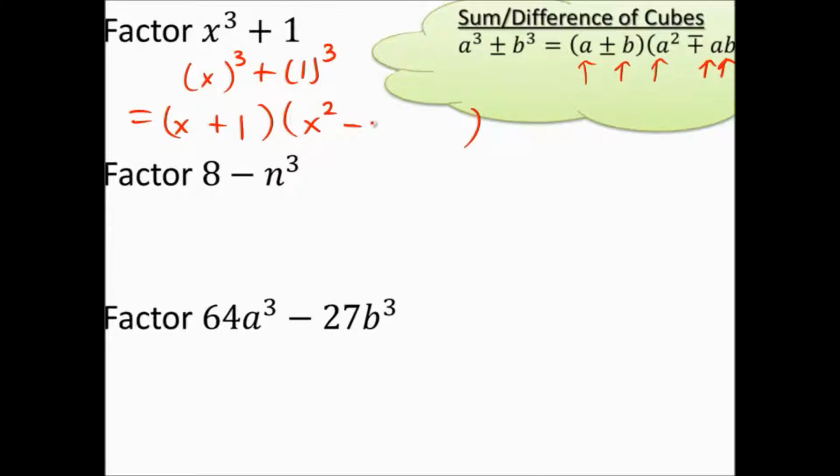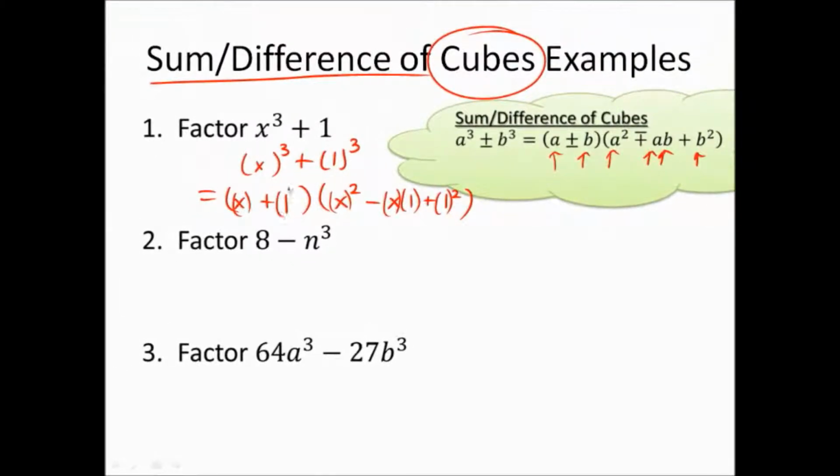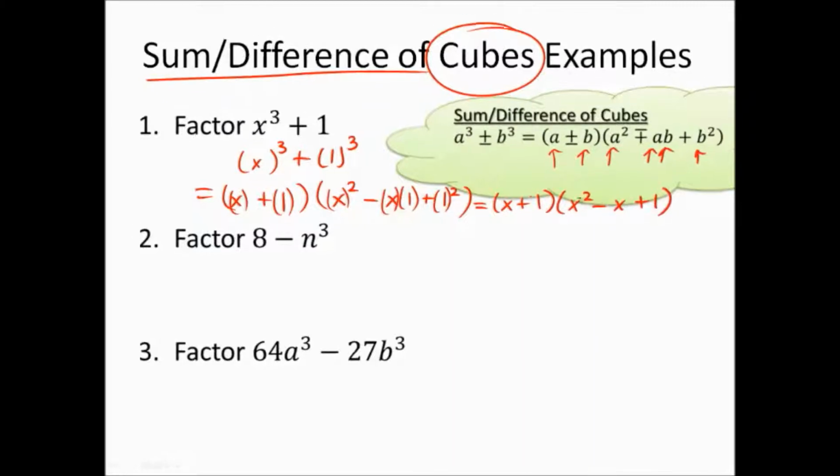Minus the first times the last, x times 1, and plus the last squared. These are simple, so I'm not putting little brackets, but you could be going like this and just inputting the numbers. So that simplifies to give you x plus 1 times x squared minus x plus 1.